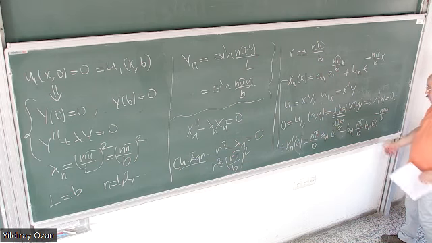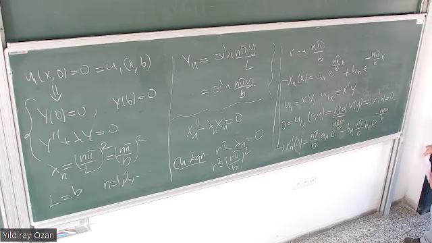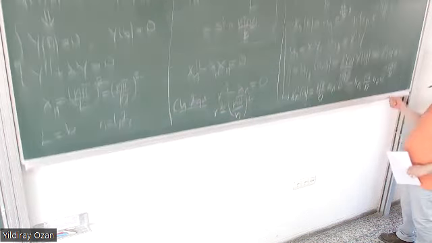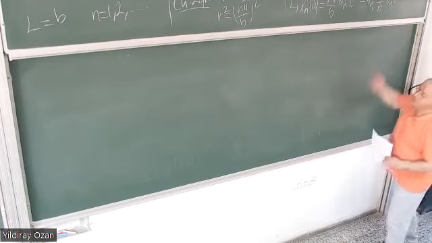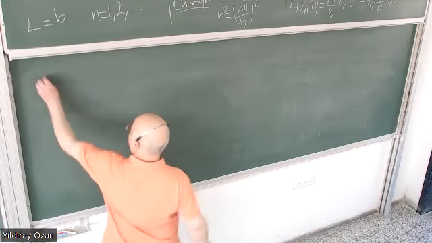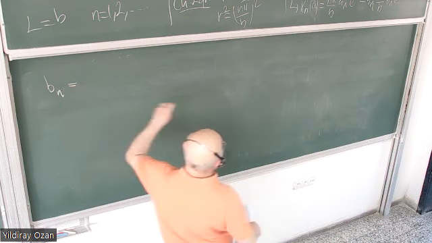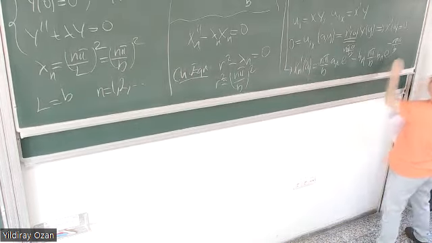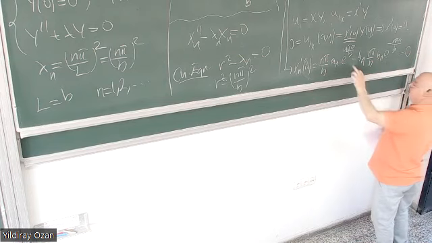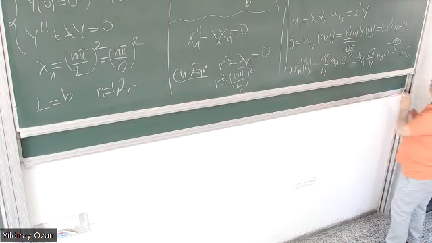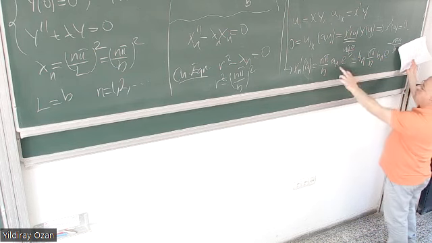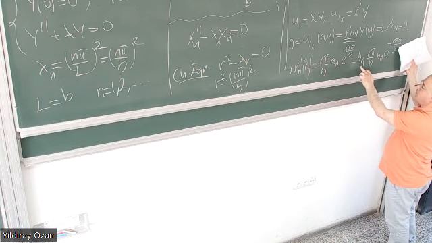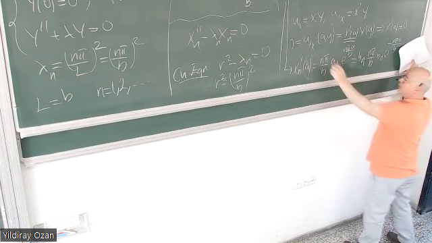From this, we get what? We get, okay. Bn is just, if I just, you know, this is equal to 0, right? So this means these are equal to each other, right? So Bn is just, these are gone.